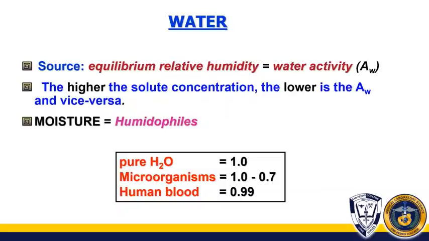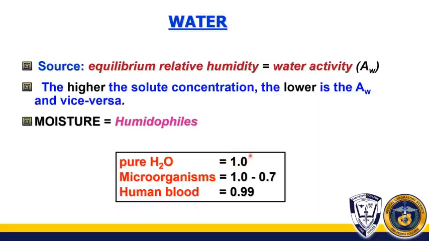The availability of water for a cell depends upon its presence in the atmosphere, and that is what we call relative humidity, or its presence in solution or a substance. That is what we call water activity.